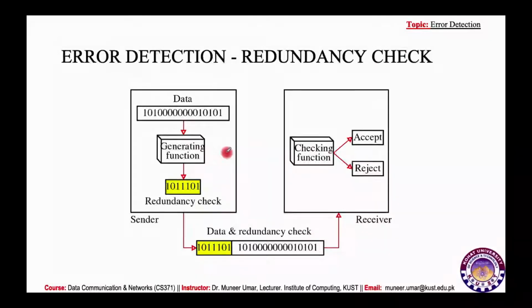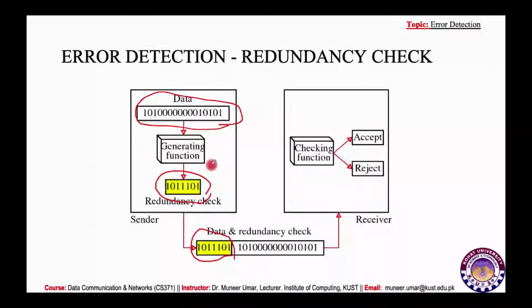This diagram shows the process of adding redundant bits and then the redundancy check on the receiving side. First, data is taken, then a function is applied on the data, and some redundant bits are appended to the data.